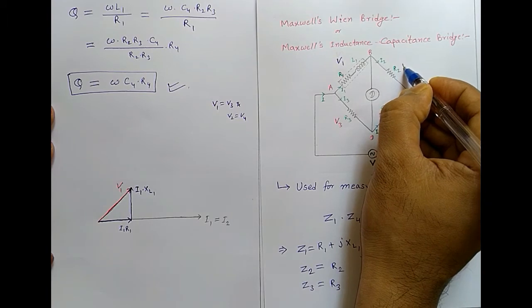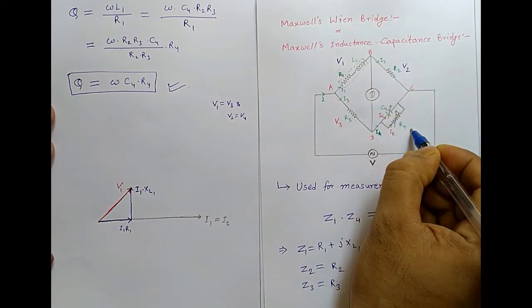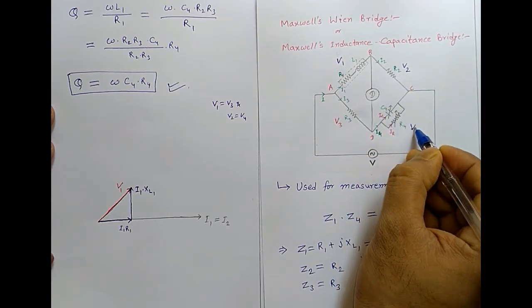Let us assume that this is V2 and the voltage drop across this arm is V4.